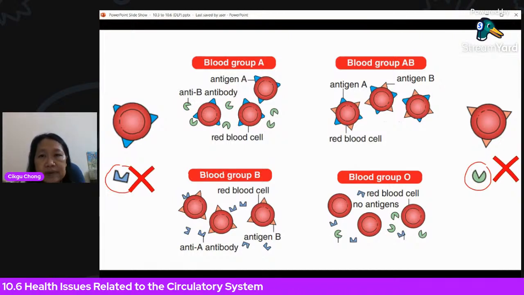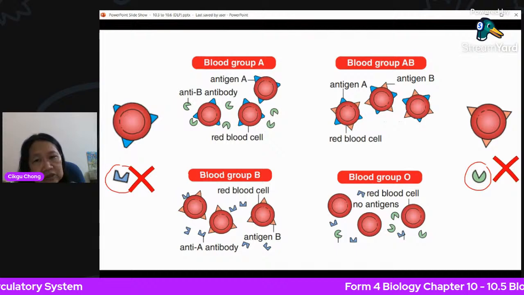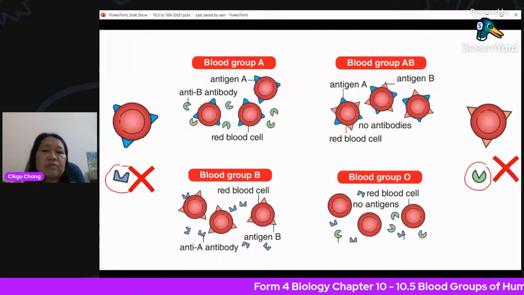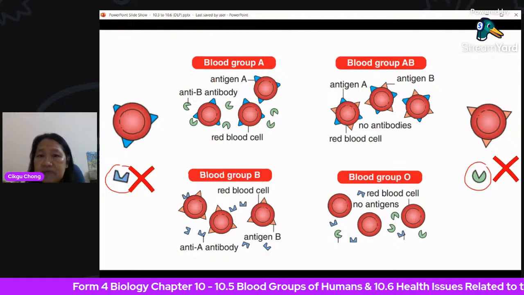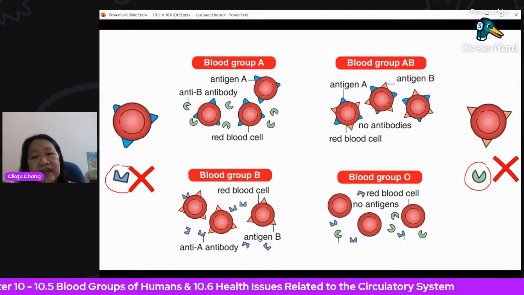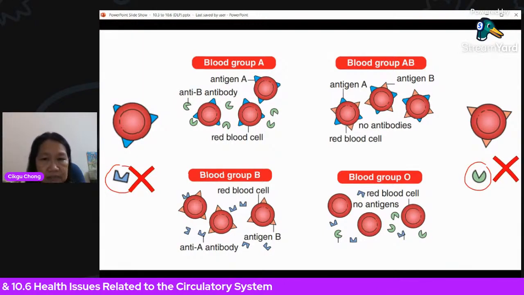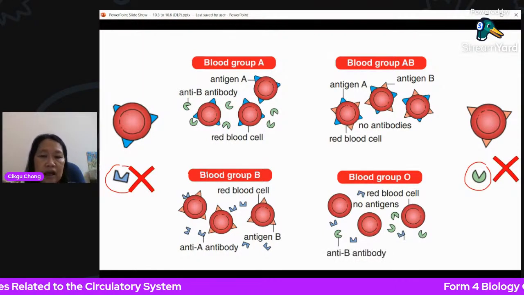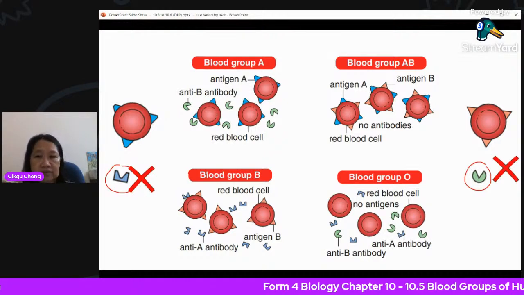Now what about AB blood? Where it has antigen A and antigen B, therefore it cannot have any antibodies. It cannot have antibody A or antibody B. And for blood group O, because it does not have any antigen, the plasma of blood group O can have anti-B antibody and also anti-A antibody.